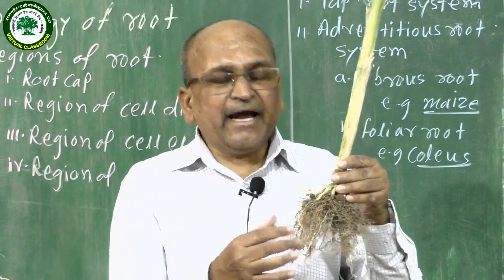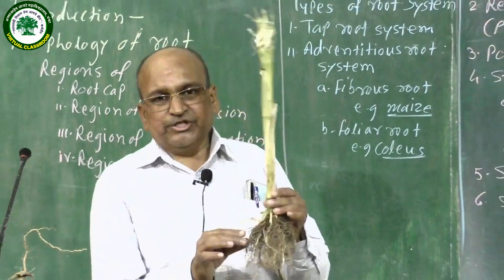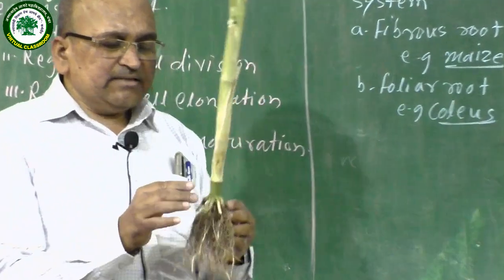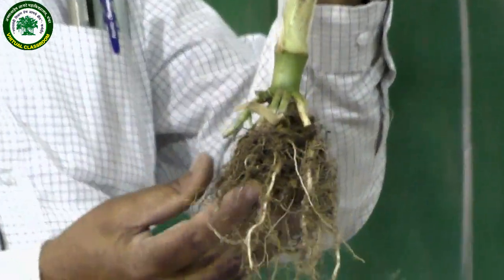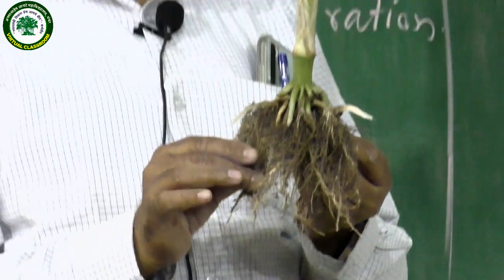It is called an adventitious root system or the fibrous root system. An example is this one, the maize root system, an adventitious root system, and all monocot plants show adventitious root system.